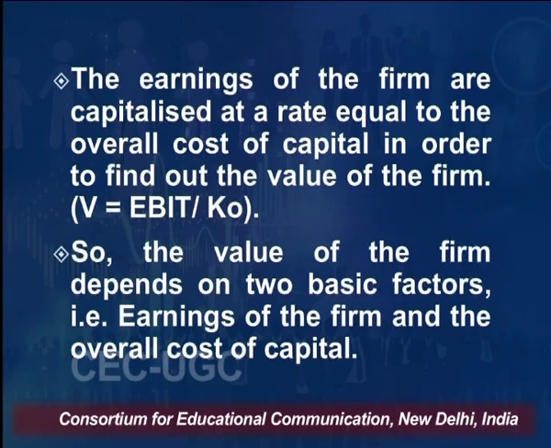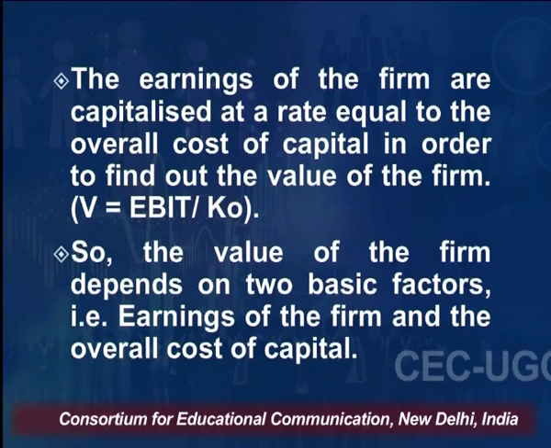So, the value of the firm is equal to EBIT, that is earnings before interest and tax, divided by overall cost of capital. So, the value of the firm depends upon two basic things, earnings of the firm and overall cost of capital. If these two factors are combined together, we can easily calculate the value of the firm.